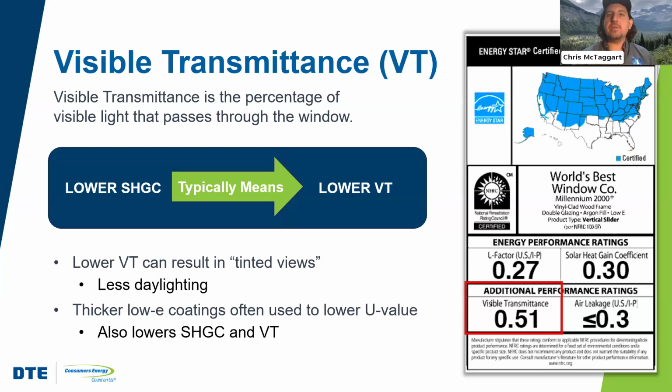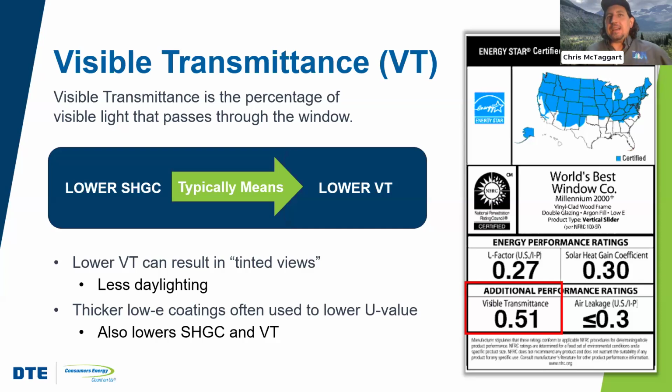And it can impact how our connection to outdoors feels. When you have a lower visible transmittance, that's oftentimes going to result in almost like a green or grayed out type of view profile. So it's going to be like you have tinted windows, and the colors that you see from outside are not going to be nearly as vibrant.